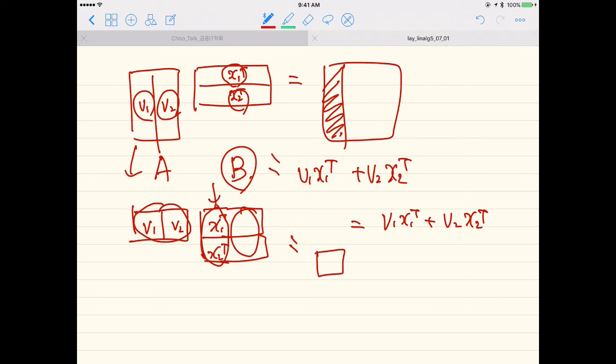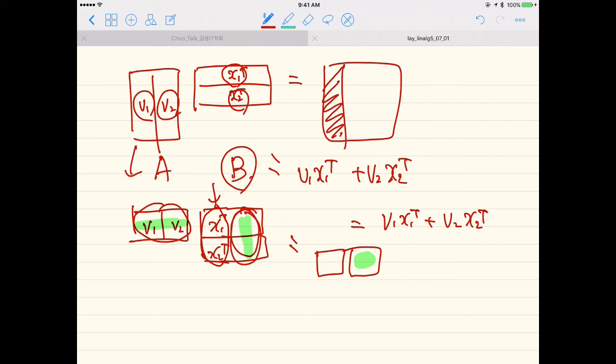For the other entry, if we view it as the inner product between this row and the second column, it forms the second one. So this will be this.